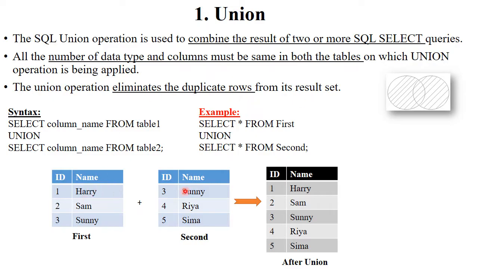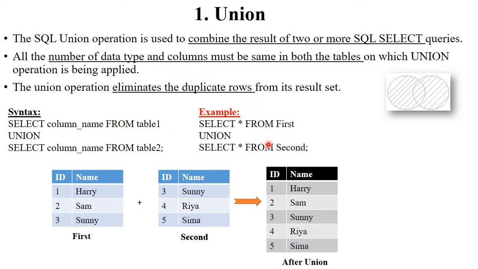Now see here, in this example, this is your first table, the table name is first, with ID and name columns. In the second table, the table name is second, with the columns ID and name. So here the data types and columns must be the same in both tables, right? The syntax is: select column name from table 1, union, select column name from table 2.